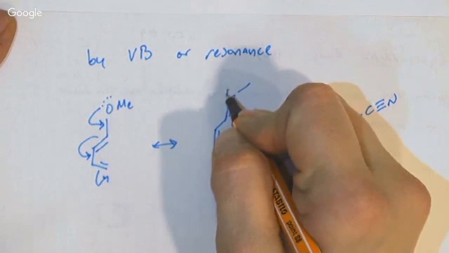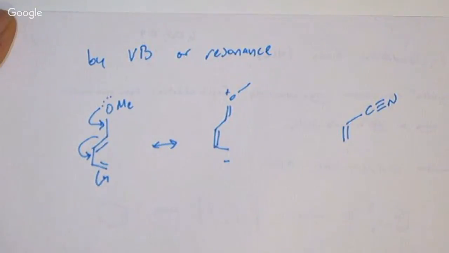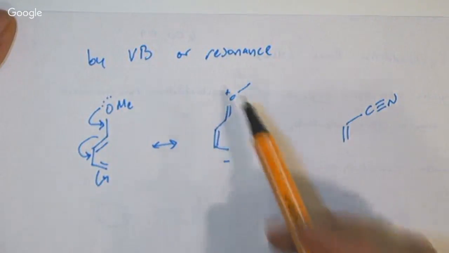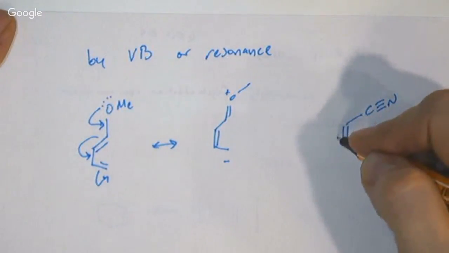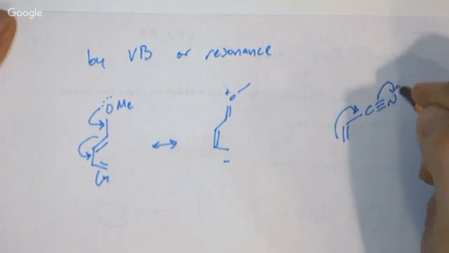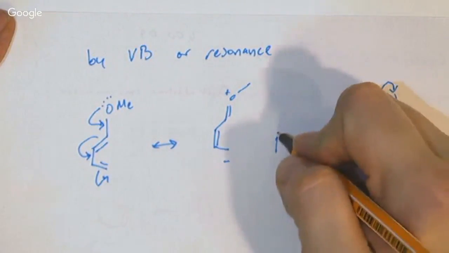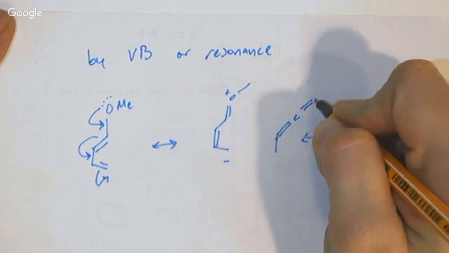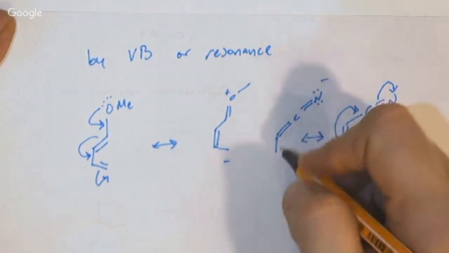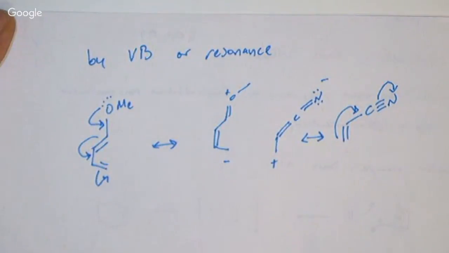And that would end up placing a negative charge at the bottom carbon, positive charge on the oxygen. We could draw a resonance structure for acrylonitrile as well. Negative charge would move on to the nitrogen, and we'd have a positive at that first carbon.